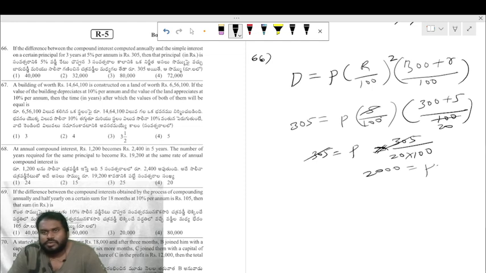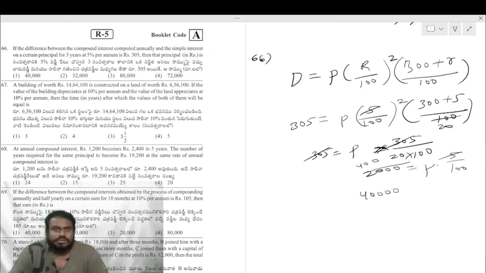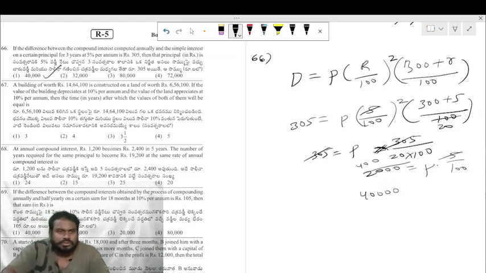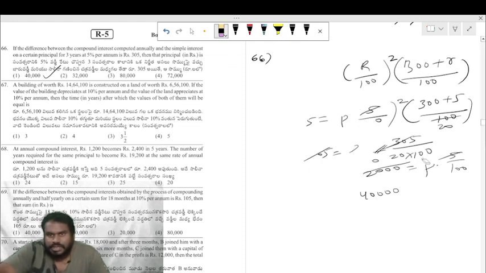Sorry, there is one more 5 by 100, since it is squared. So 5 into 100, 100 into 100, 40,000 is the answer. Now I'll tell you, if you don't know this formula, how lengthy it will become.